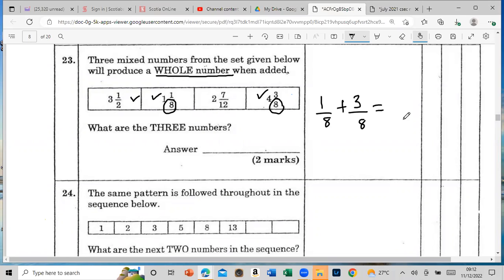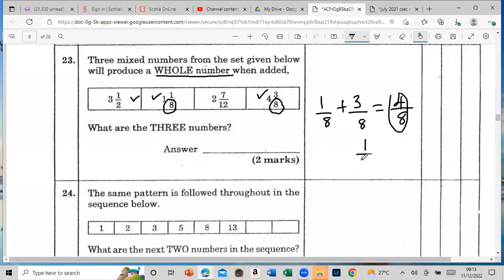Very good. We keep the denominator, right? Because 8 and 8, the LCM for 8 and 8 is 8. And then we could just add the top. So when we get the 4/8, what is this as a simplified fraction? A half. Very good.